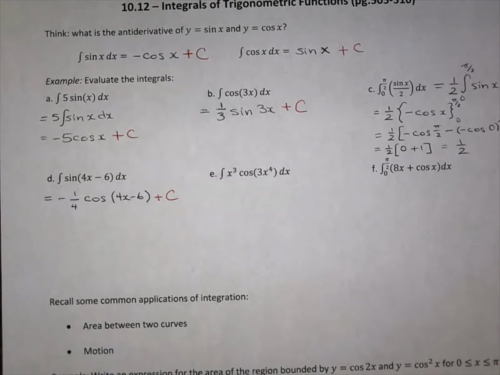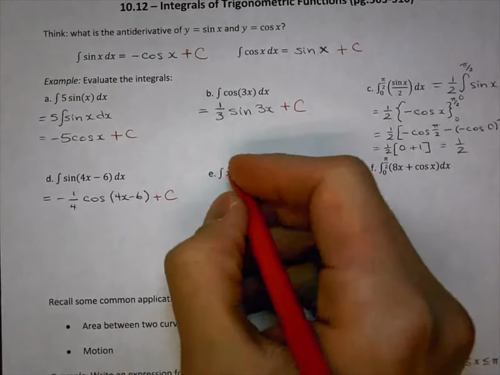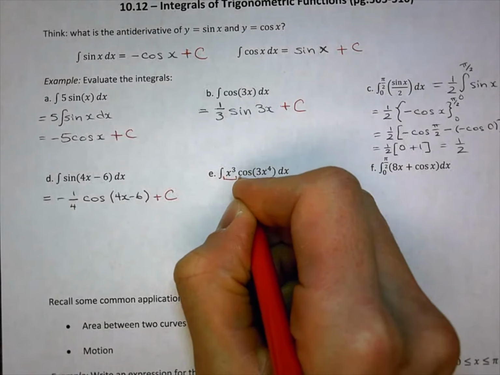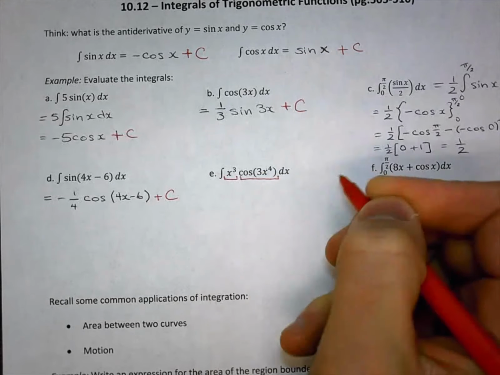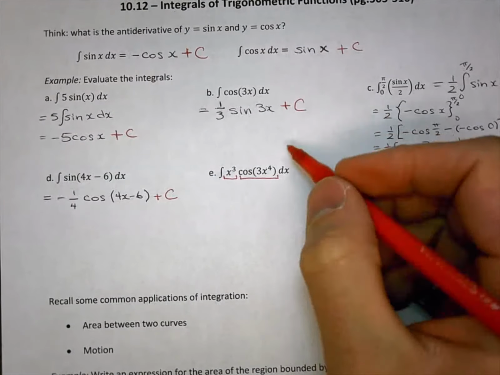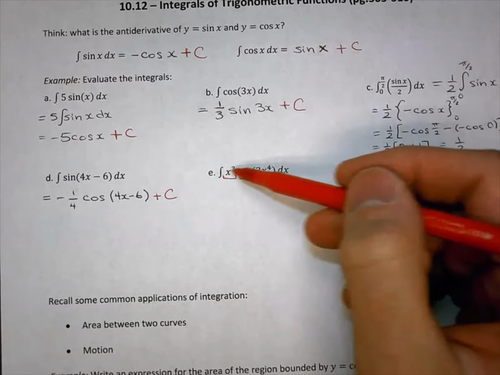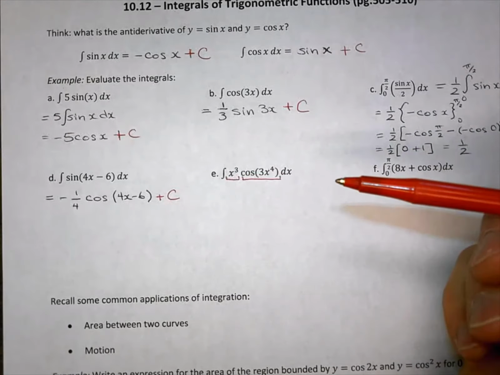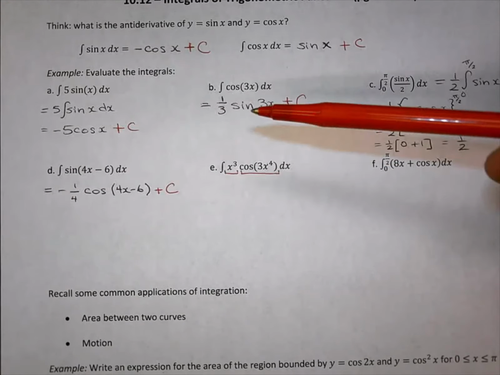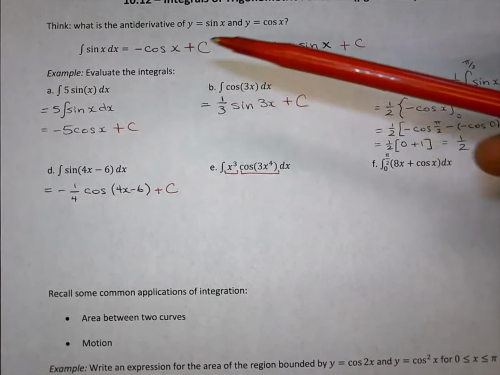Okay, next question. Uh-oh, we have a problem here. We have something that scares me because look, I have what looks like a product rule question. Remember, I don't have at this point in my studies some sort of way of undoing the product rule with integration.